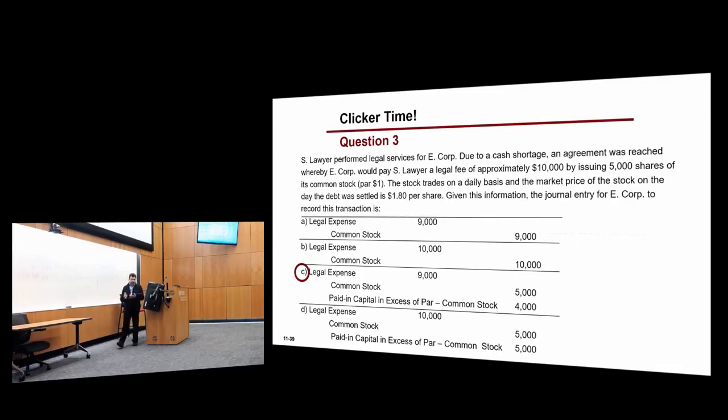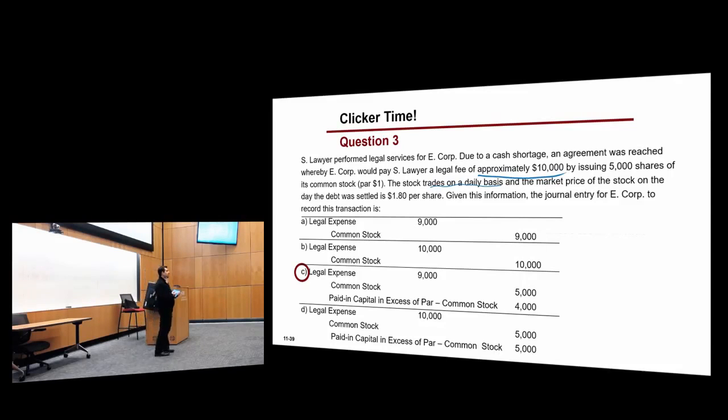Remember, here again, the amount is approximately 10,000 by issuing $5,000 of stock that is traded on a daily basis, which is to mean which one? When it's traded, it means it's more accurate, it's readily available, easier to determine, so we take the cost of the stock. Okay? So we take that the company is issuing those for legal expense or organizational expense.